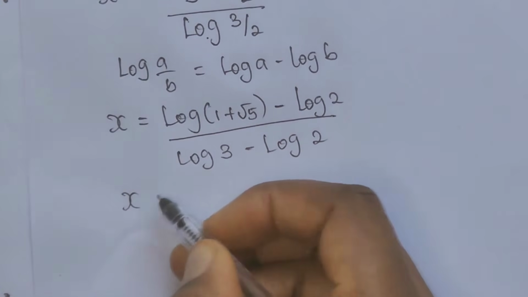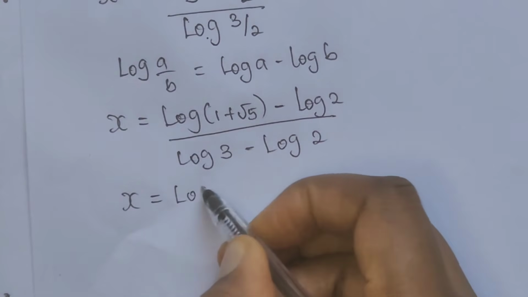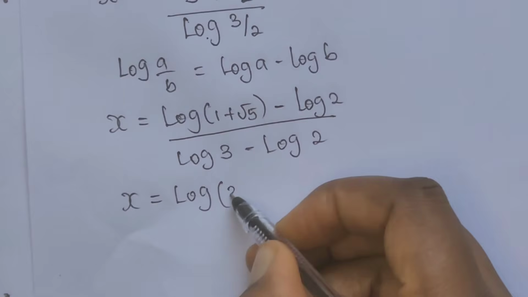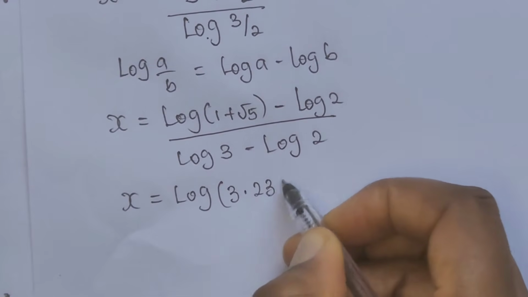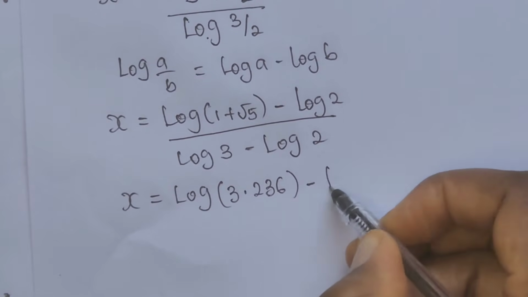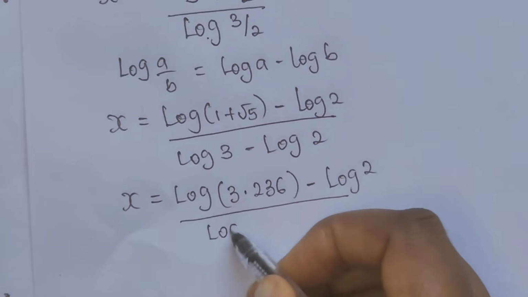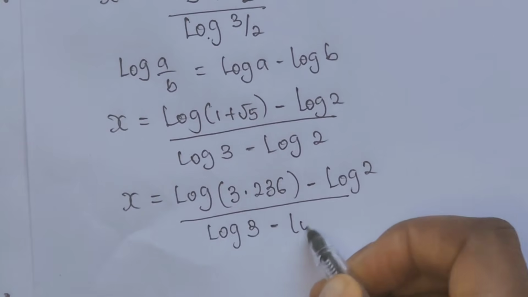So our x is equal to log of (1 plus root 5), which is 3.236, minus log of 2, all over log of 3 minus log of 2.